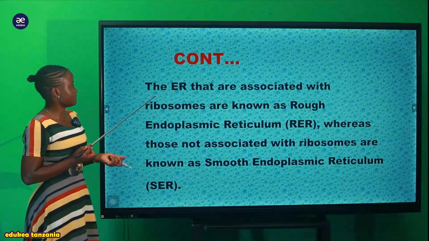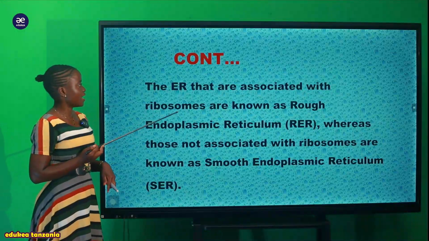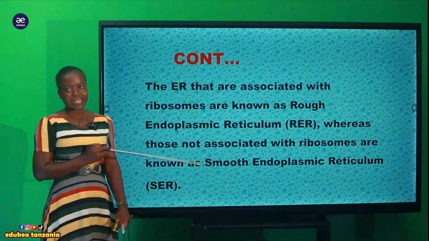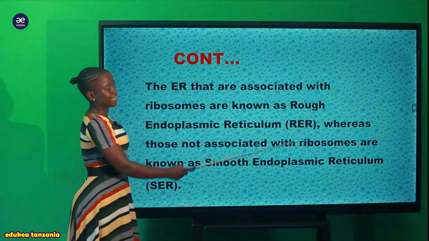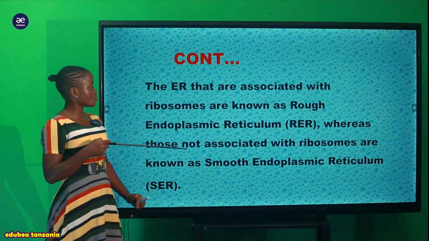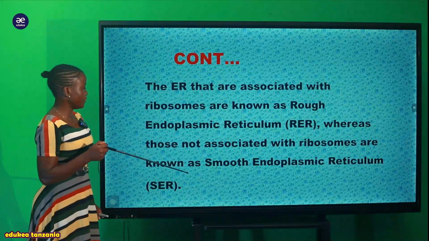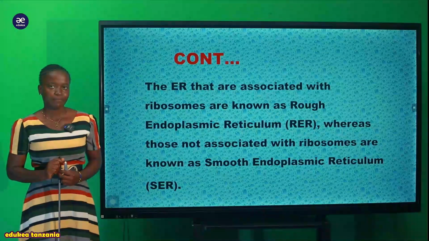We can simply say that the endoplasmic reticulum associated with ribosomes is known as rough endoplasmic reticulum, abbreviated RER, whereas those not associated with ribosomes are known as smooth endoplasmic reticulum.